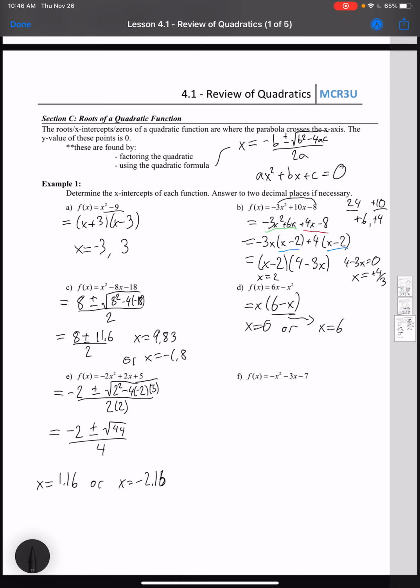Sorry, I just have an inkling that I might have made a calculation error for that first part. So I just want to check, but no, it looks all right. Okay, so there you have it. That is your solution.